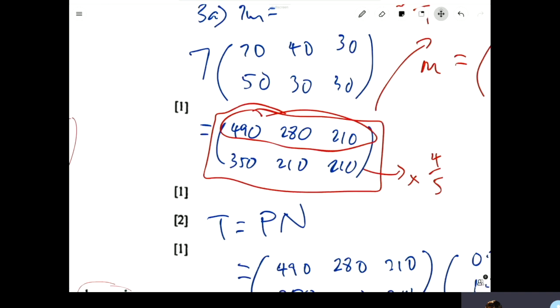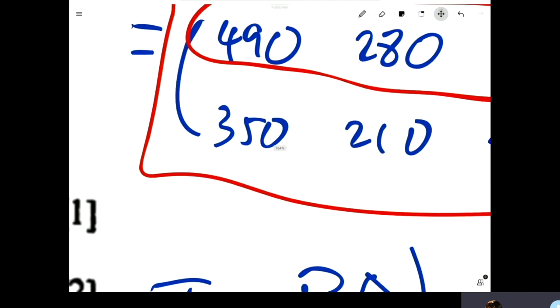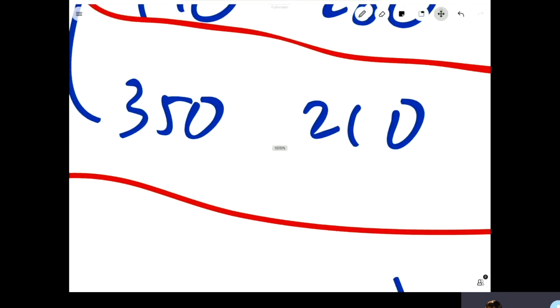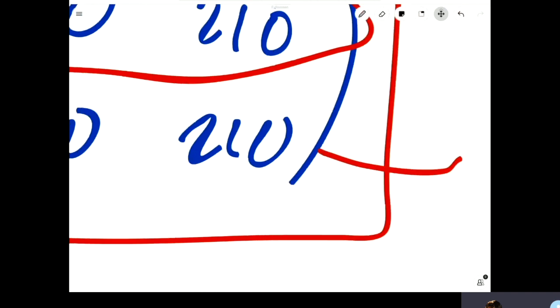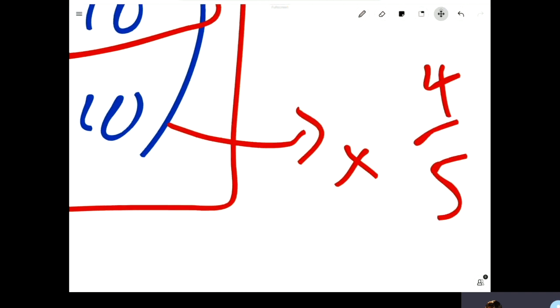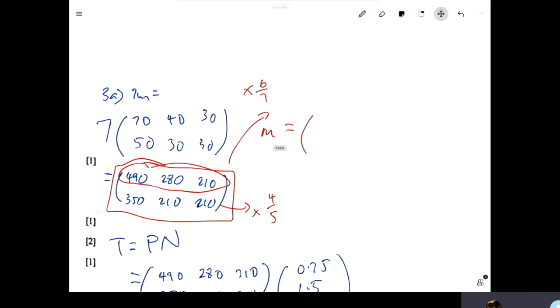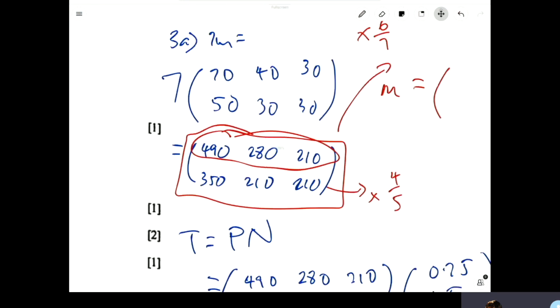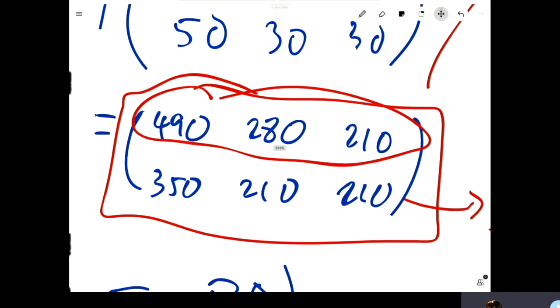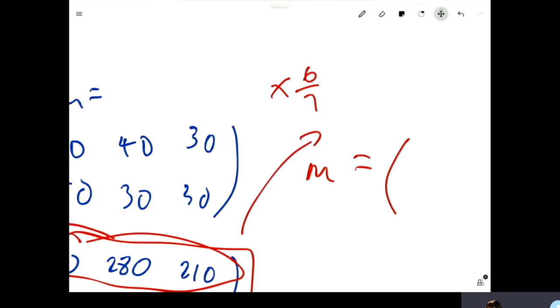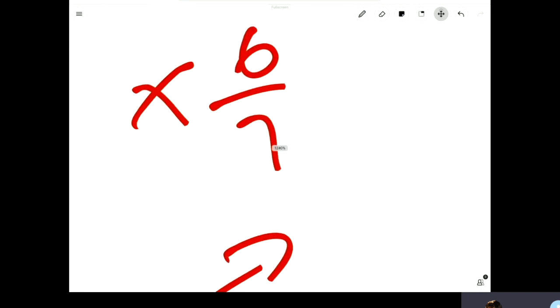Then for the other fruit, what's the other fruit? Pear. The one at the bottom, 350 and 210, cherry, so it's 4/5, so must times 4/5. Because only 4/5 are sold. You see, this is the total. At first, you got this number, but you only sold a fraction. So I must times a fraction.